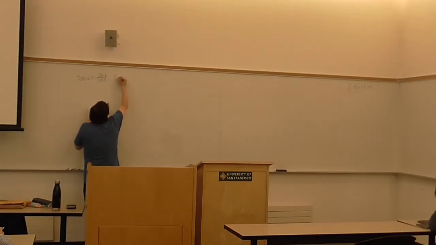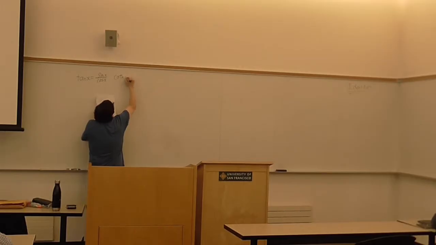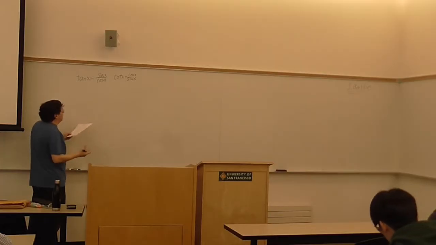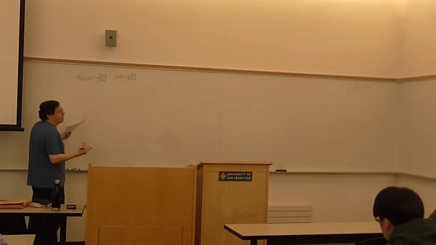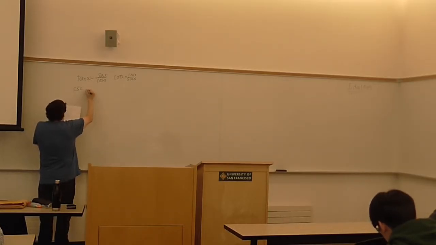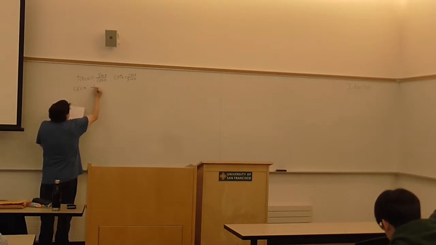Similarly, we know that the cotangent of x is the cosine of x over the sine of x. And here we have two statements which really are definitions, but again, we can use them as identities.